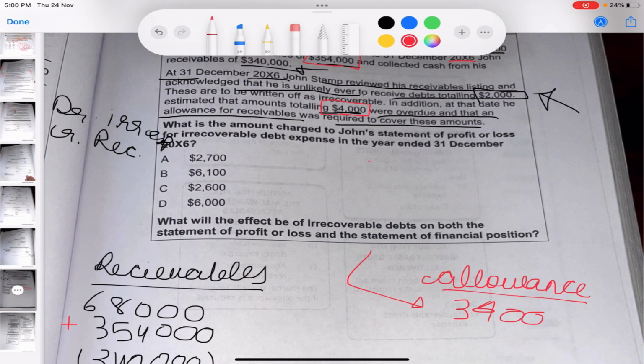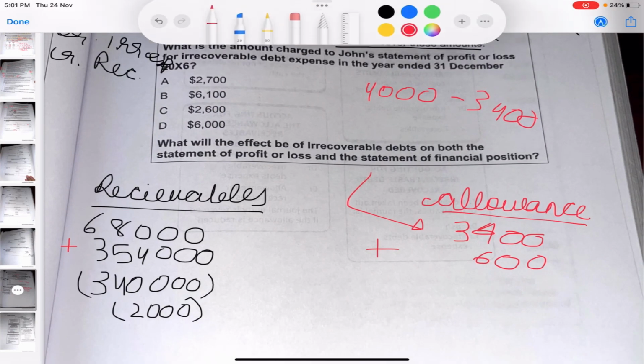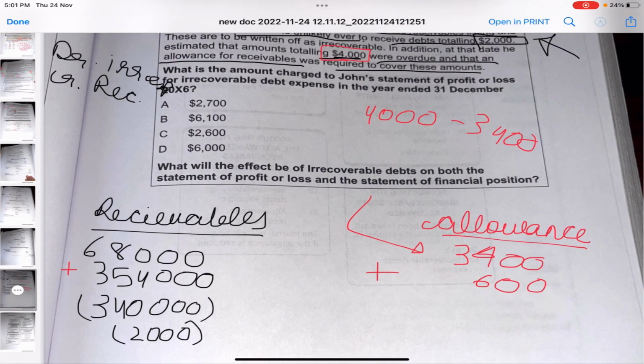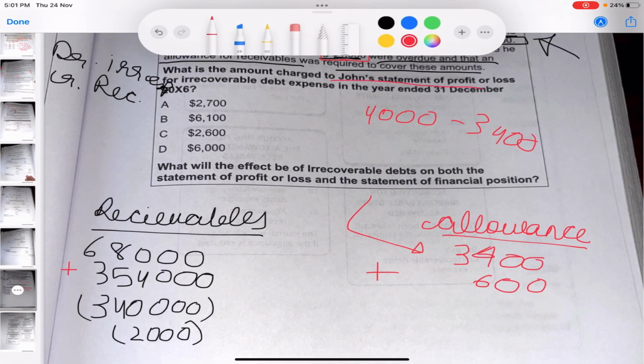So how much allowance you need? 4,000 minus 3,400, 600. So you need 600 more allowance. Right. What amount is charged to John's statement of P&L for irrecoverable debt expense in the year 31st December 2006? Okay.